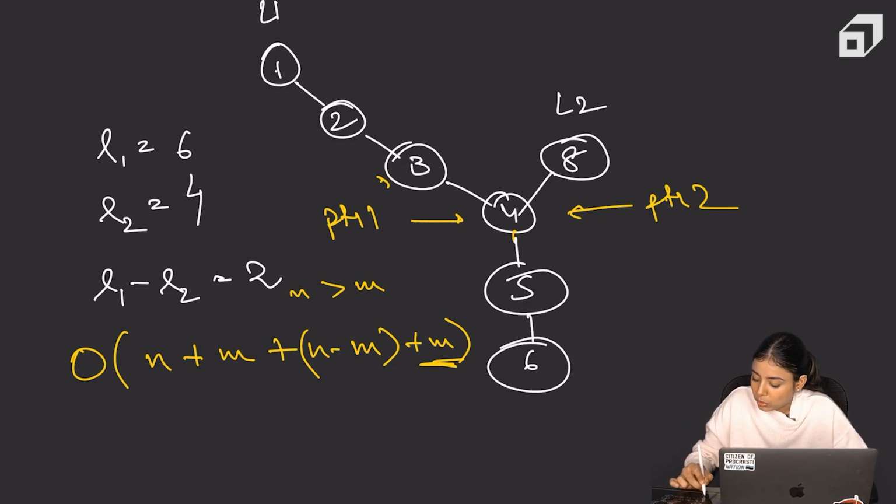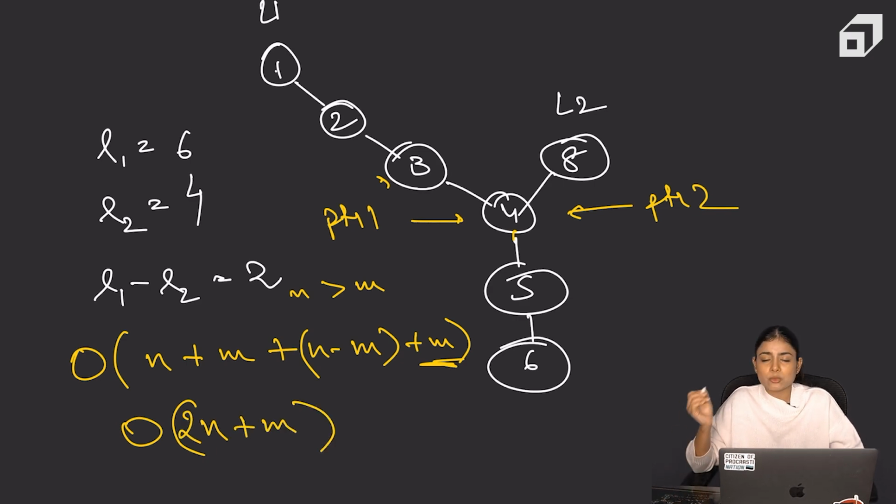So this would come out to be O of n plus 2n plus m, which is basically O of n plus m only, right? And we're not using any extra space here.